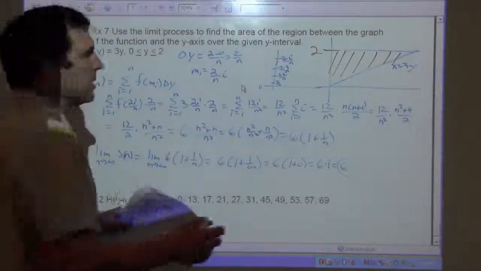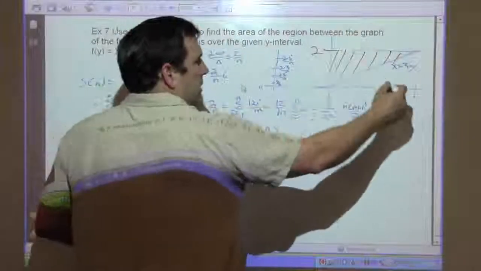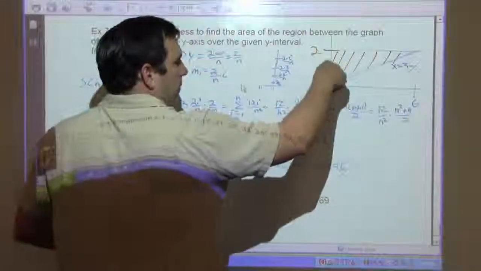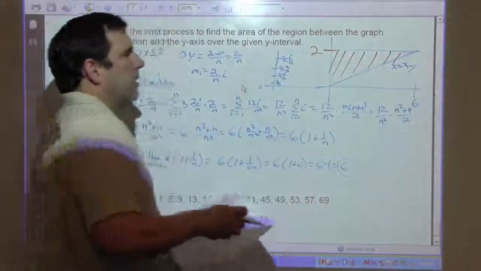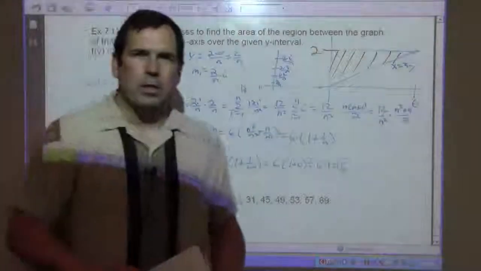You can kind of see this is the case because if you plug it in, 2 times 3 is 6. One half base times height. That's one half of 2 times 6, which is one half of 12, which is 6. So, makes sense.